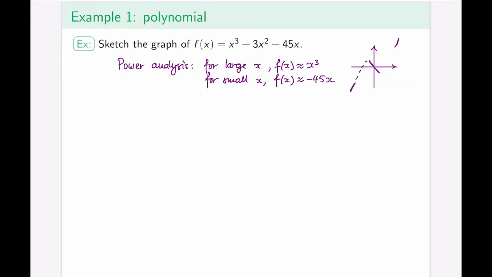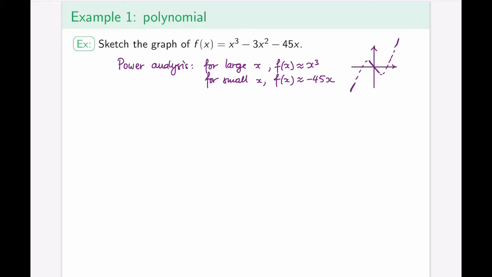So connecting these two in the most natural way, I can see that the graph is going to be something like this. Now, the dominating power analysis, of course, tells me nothing of the intercepts and the highs and lows of the function, of where it turns and whatnot, but it produces an expectation in just a few seconds of what is the shape of the graph that we are expecting to see.